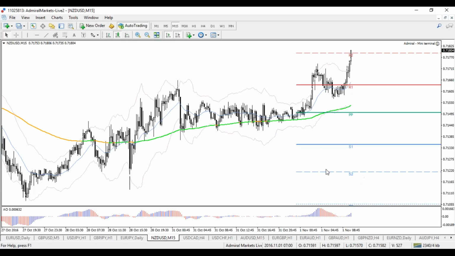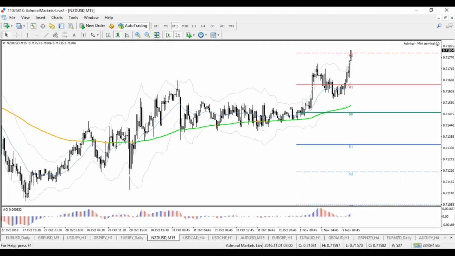R2 already, that's quite far. Maybe the others are a bit better. New Zealand is moving up too, so let's take a look at the Aussie already. We said I need a bull flag, so probably the same for the Kiwi, in fact. Seems to be a bit far. Let's take a look at some other yen pairs quickly.